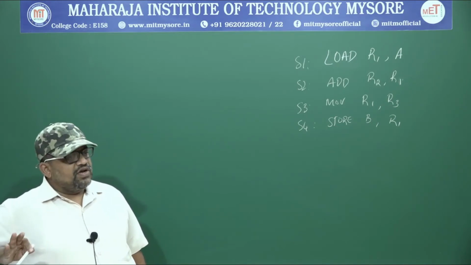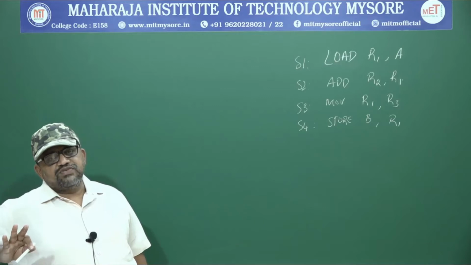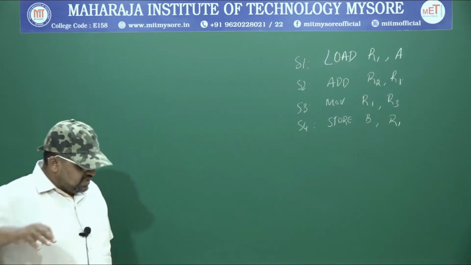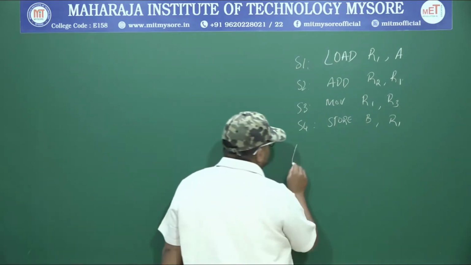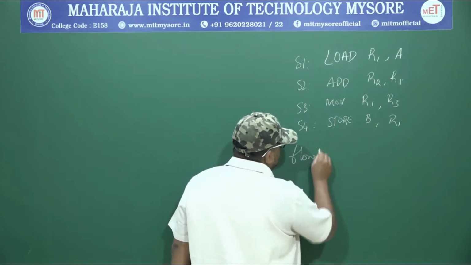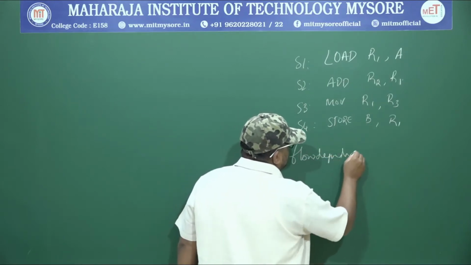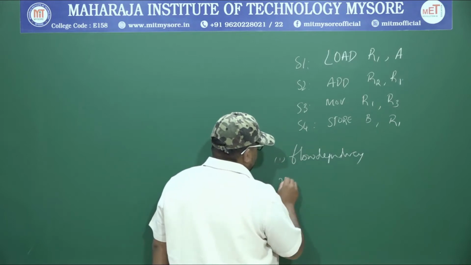Now there we have discussed 5 types of dependencies. The first one is flow dependency. The second one is anti-dependency.